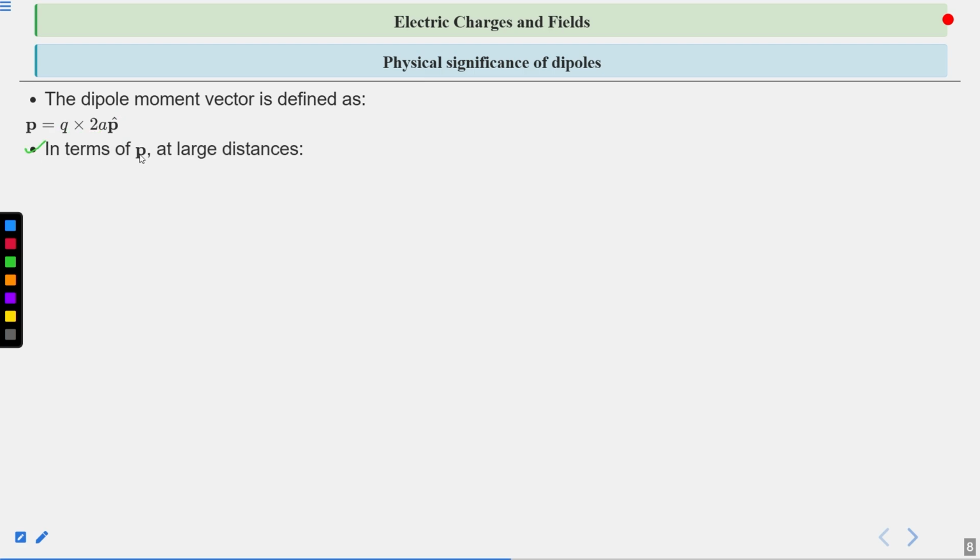In terms of p at large distances, on the dipole axis the electric field is 2p divided by 4 pi epsilon naught r cube, and on the equatorial plane the electric field is minus p divided by 4 pi epsilon naught r cube.